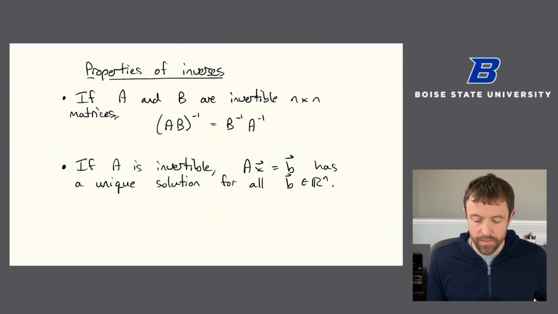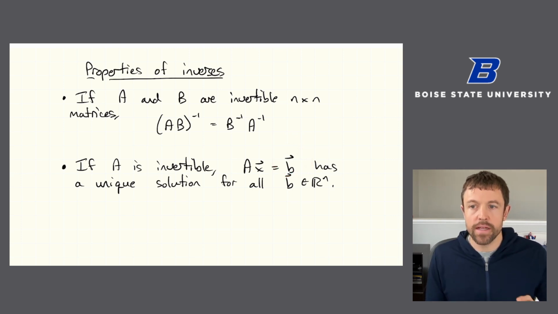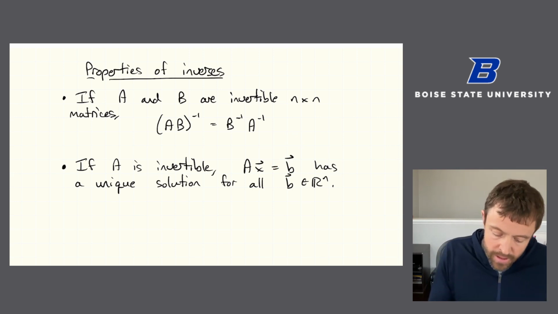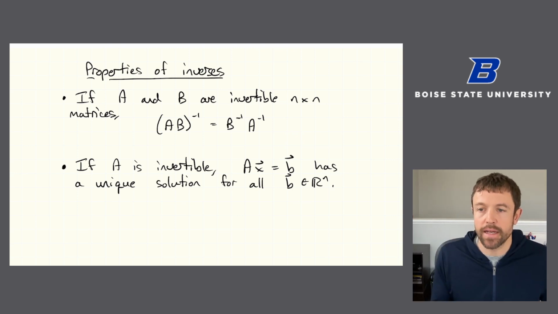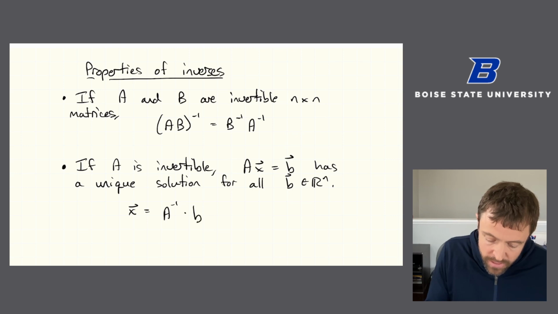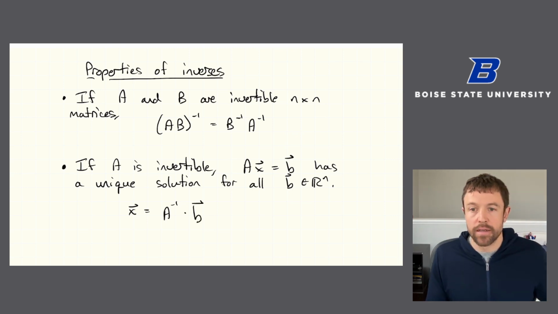If A is invertible, that means A corresponds to a bijection, and bijections always have unique solutions. What's new is that we actually have a way of calculating what X is in terms of A inverse. The solution is whatever we get by multiplying A inverse times B.